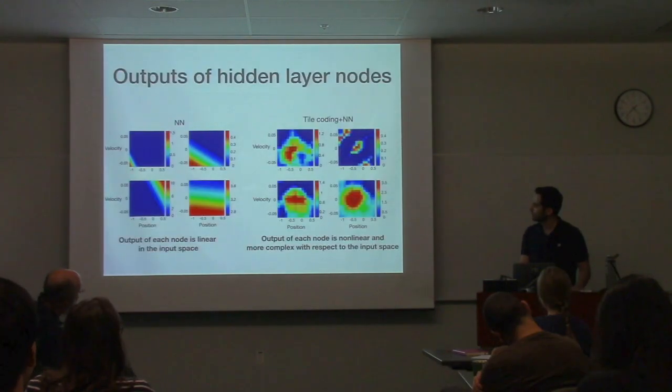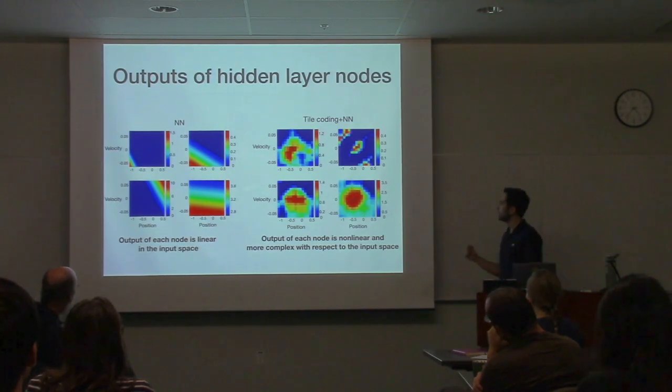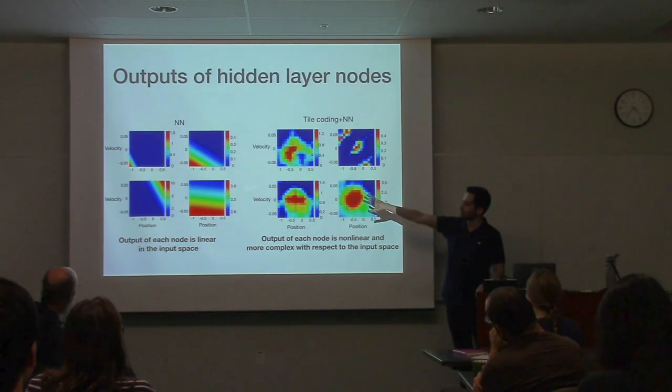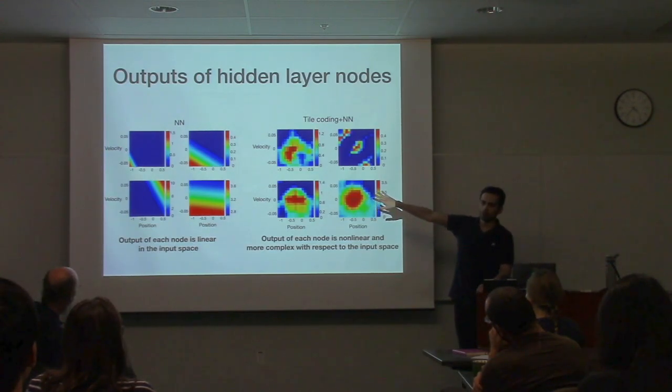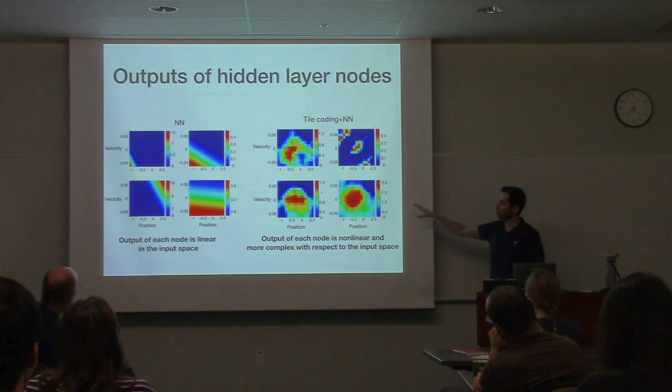For example, these are the outputs of the first hidden layer, output of each node. The color is the intensity. These are tile coding. Those are simple neural networks with ReLU gates. Those are linear in the input space, but these are more complex shapes.